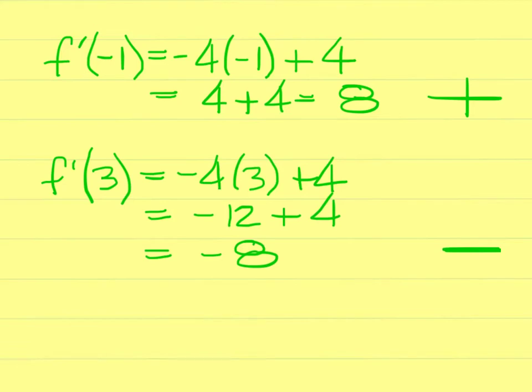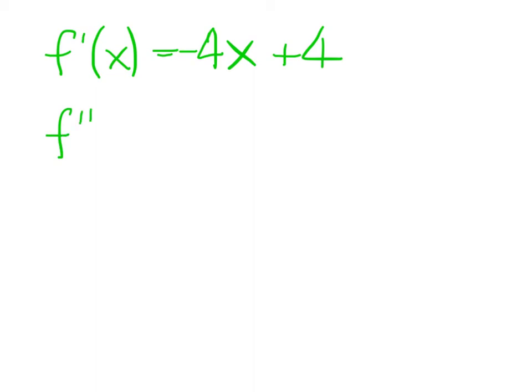We can check real quick by using the second derivative test. Remember, the first derivative was -4x plus 4. And if you find the second derivative on this one, that would end up being simply a -4. That's not going to be much help to you.